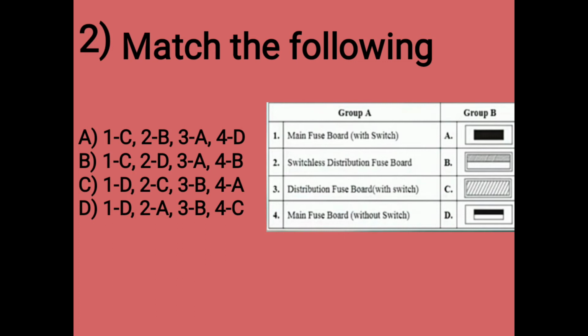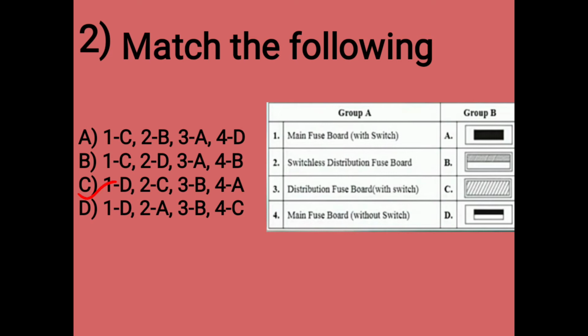Then 3 is B, distribution fuse board. So this is the symbol of distribution fuse board. Then 4A, main fuse board. This is the symbol of main fuse board. Means our answer is option C. This is the correct answer. Means 1D, 2C, 3B and 4A.